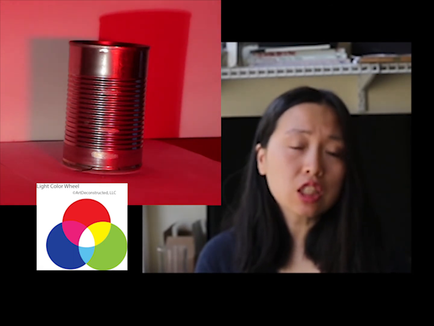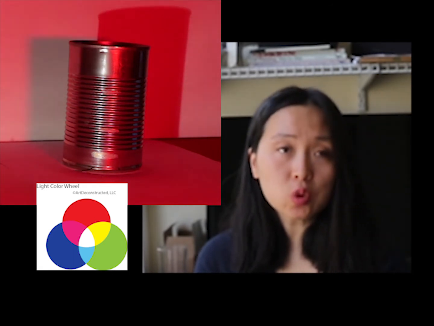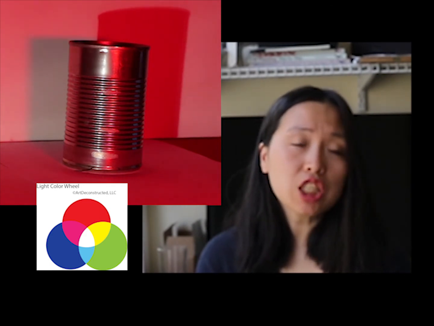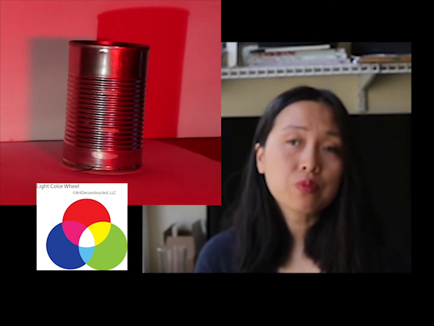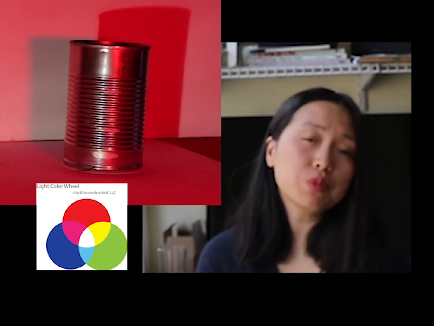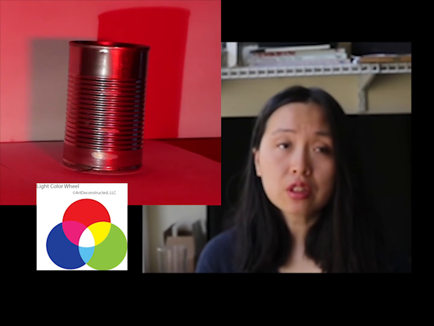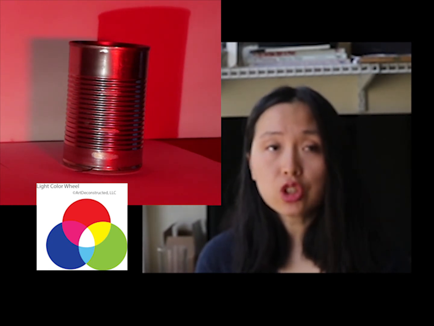So it's not just the complement of the light source. You need to think of it as the combinations of the colors that are left. So if you know your three colors, red, green, and blue, and if you mix in the color wheel those colors together, you'll get the color you should see.